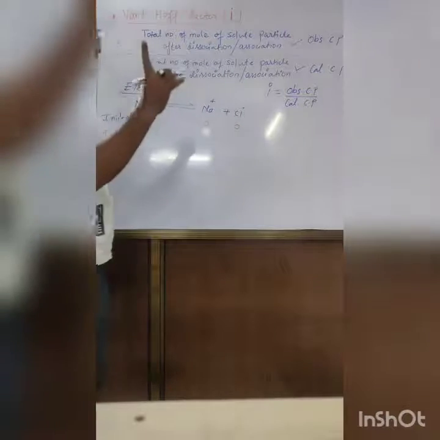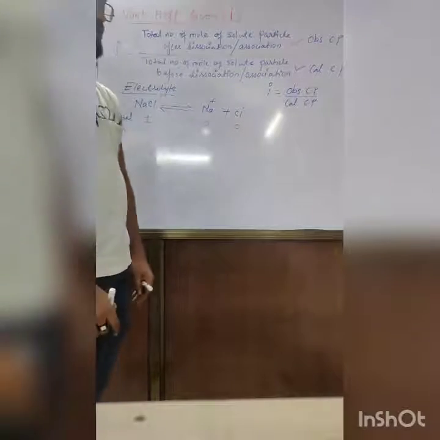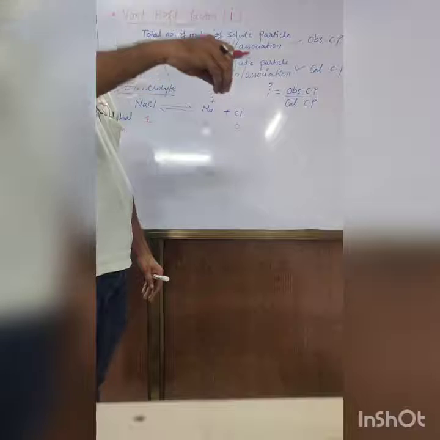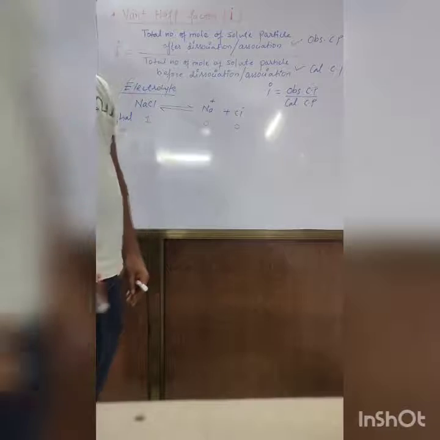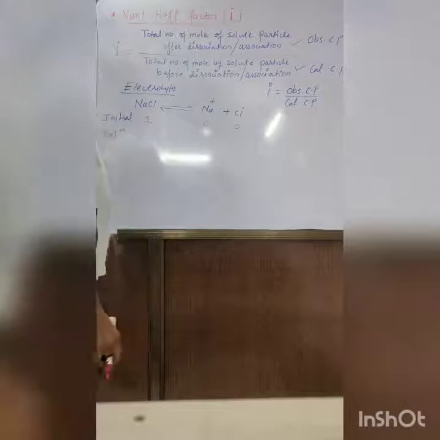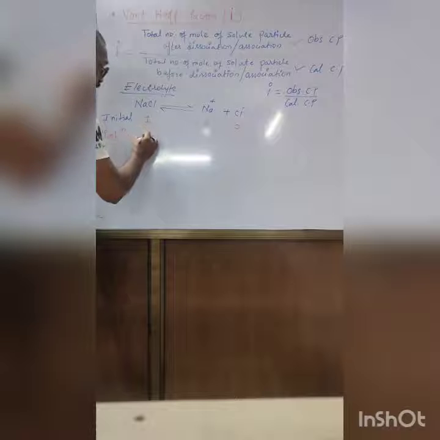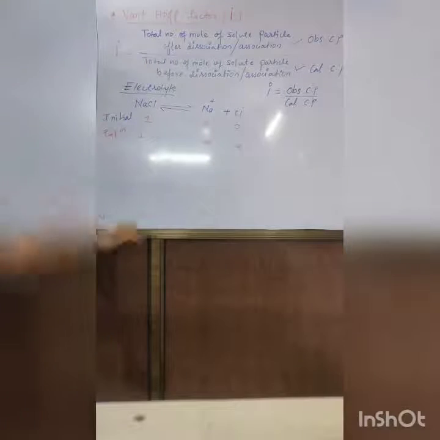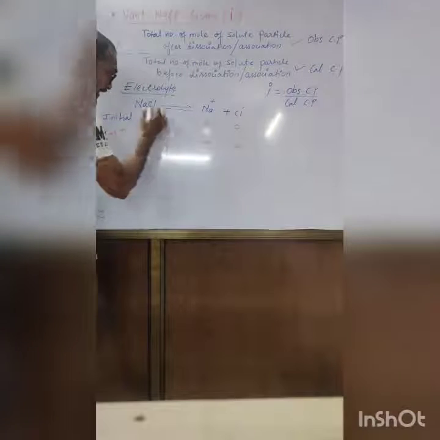So I can say that degree of dissociation is denoted by alpha. It says out of 1 mole, how many moles get dissociated? That is nothing but alpha. कितना अल्फा डिसोसिएट हो गया है 1 मोल में से. So suppose I can say that out of 1 mole, alpha mole gets dissociated. Then what is remaining? The remaining part is 1 minus alpha.